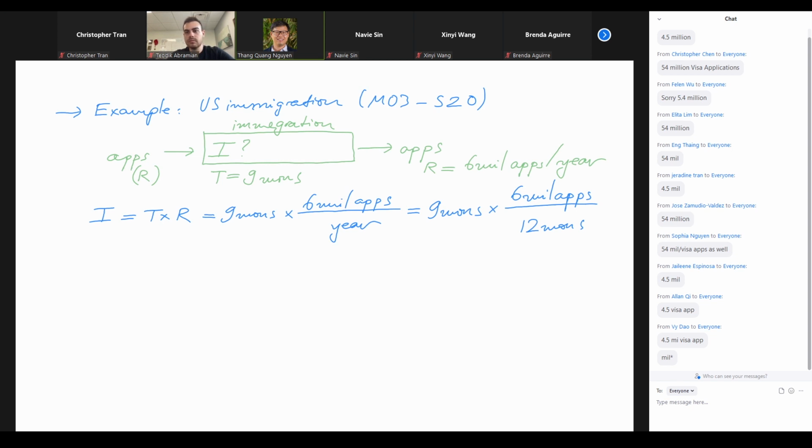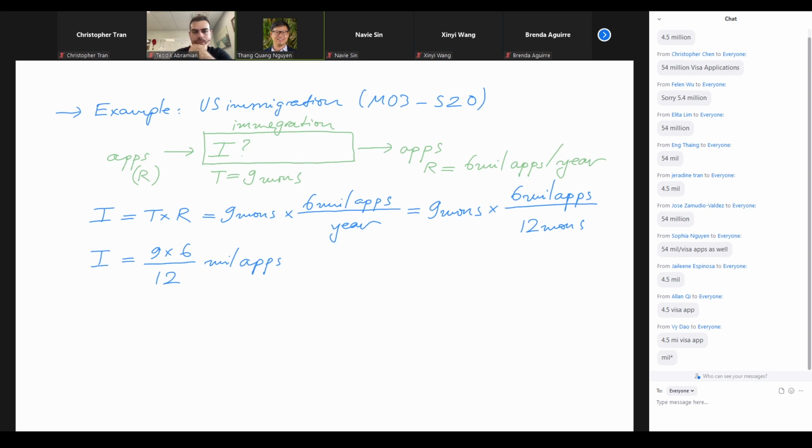And that will help us to simplify the equation, right? So just continue. Our I equals what? We have the months canceled out, so we have 9 times 6 divided by 12. And the million applications will be kept, right? Because it will not be canceled out. It doesn't hurt if you put the multiplication right there, times millions of applications.